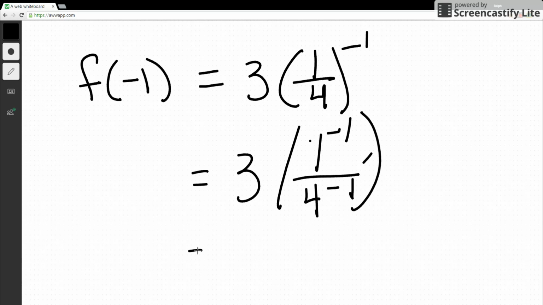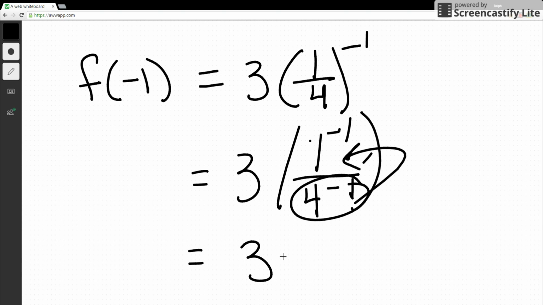Close that. And then we're basically looking at 3. This 4 goes to the top. So I get times 4, and the answer is 12. And so I would just do that for all the problems.